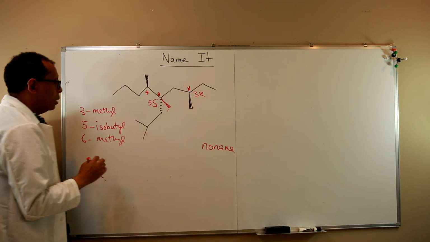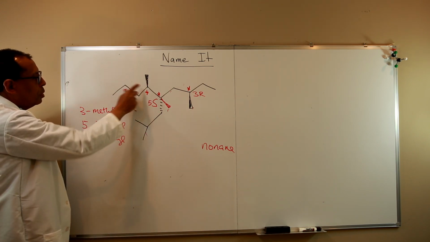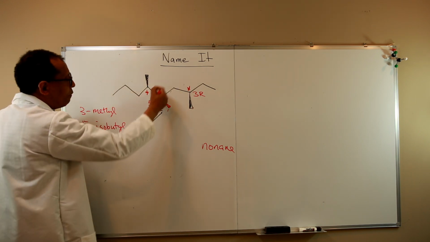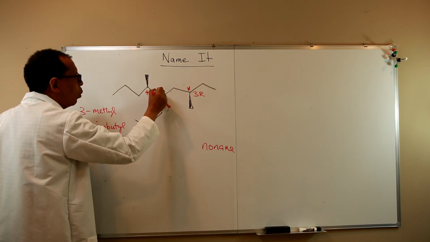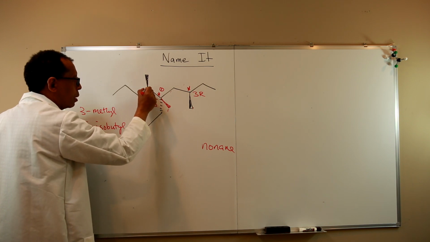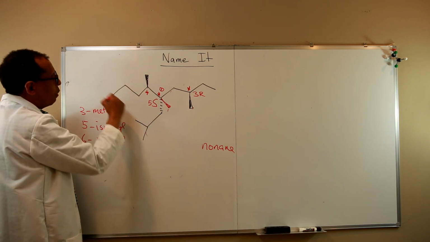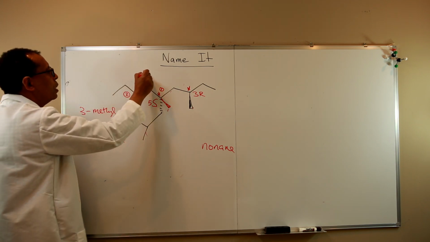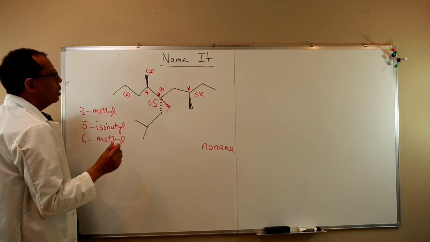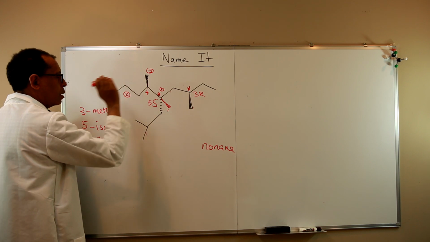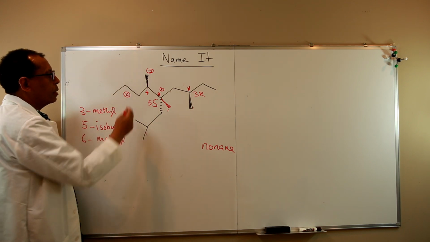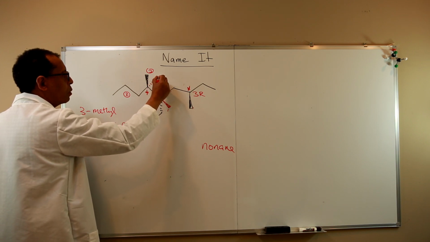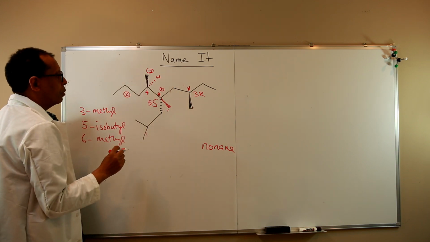5S, and the 6th position would be this one. The whole of this is priority 1 for this carbon. The whole of this is carbon 2, priority 2, 3 is this. So hydrogen is already at the back, because if this is up, hydrogen is obviously to the back of the board.